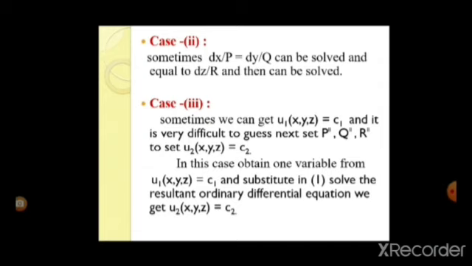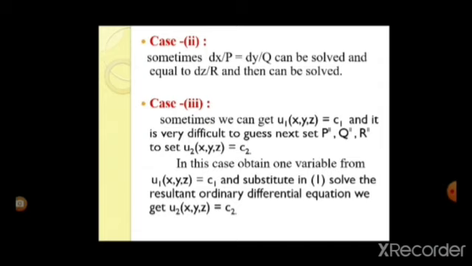While choosing these functions, the condition is that p dash plus q dash plus r dash should be equal to 0. In that manner we have to choose the functions. Similarly, while guessing the second set p double dash, q double dash, r double dash, it is somewhat difficult to guess those in some cases.